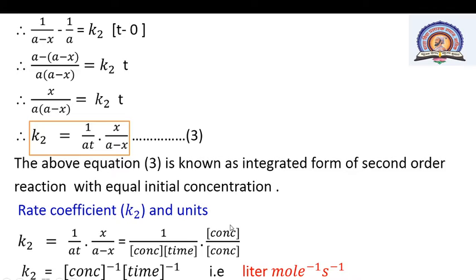The concentration terms get cancelled, so the remaining part is k2 equals concentration inverse into time inverse. As we know, concentration may be expressed in moles per liter and time in seconds. Therefore, the unit for k2 is liter per mole per second.